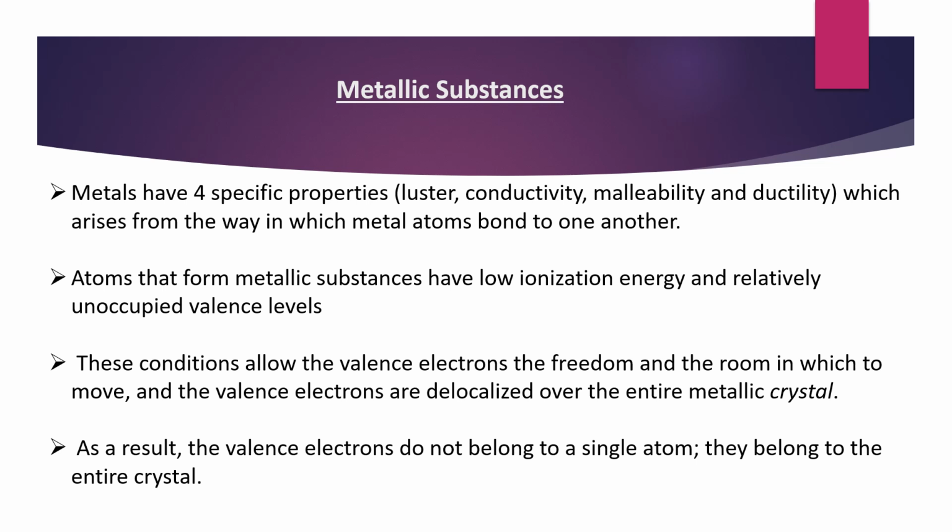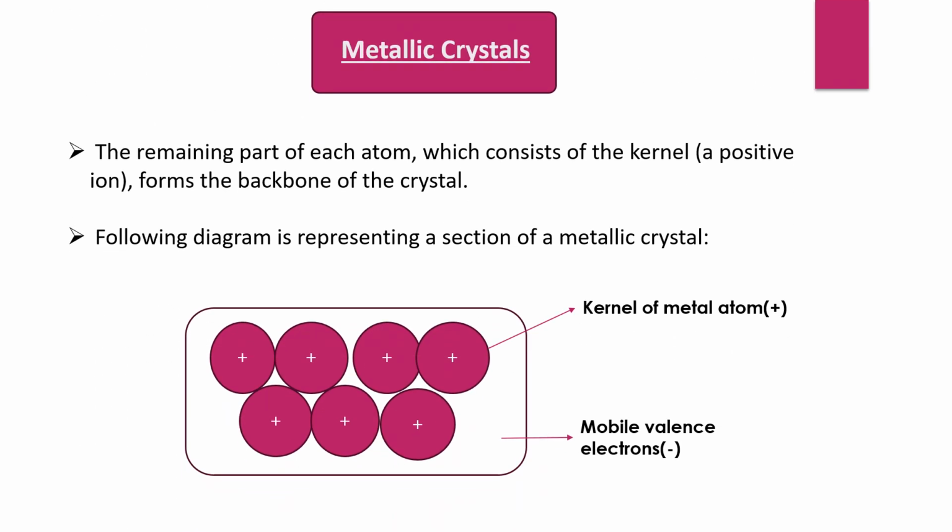As a result, the valence electrons do not belong to a single atom, they belong to the entire crystal. The remaining part of each atom, which consists of a kernel, a positive ion, forms the backbone of the crystal. The following diagram represents a section of a metallic crystal.